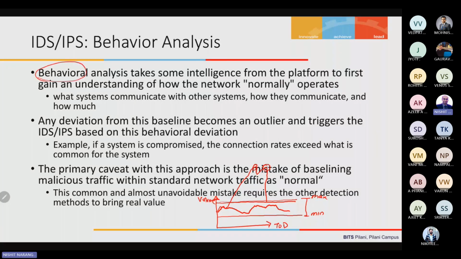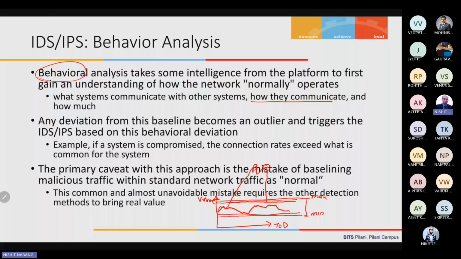So behavioral analysis is a form of, you can say, artificial intelligence that the platform has, where it determines the general or normal behavior of your network. It includes things like which systems communicate to which other systems, what protocol they are using to communicate, which is what I mean by how they communicate, and how much throughput they communicate, which is what we saw over here.